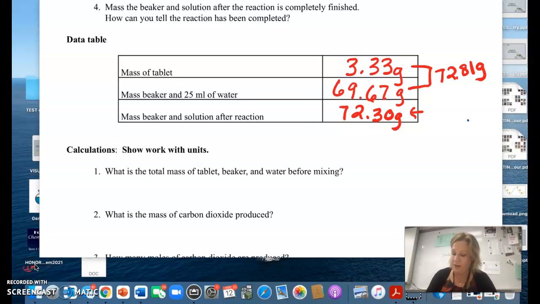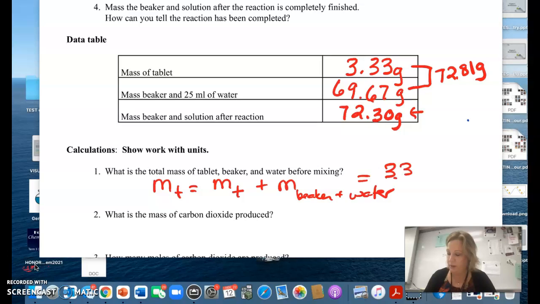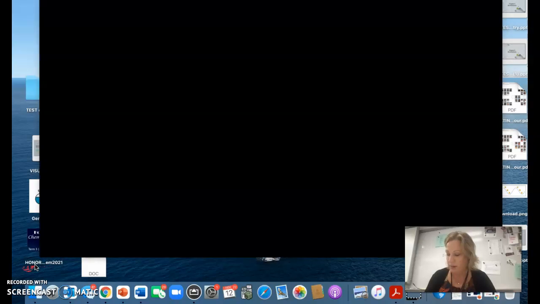The total mass before is the mass of the tablet plus the mass of the beaker and water, which is 3.33 plus 69.67, which is 72.81 grams.